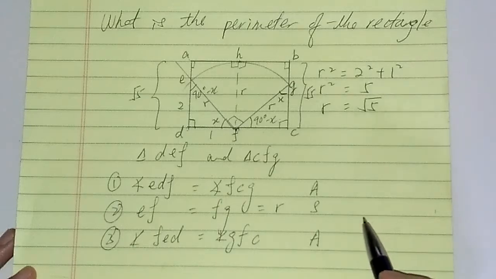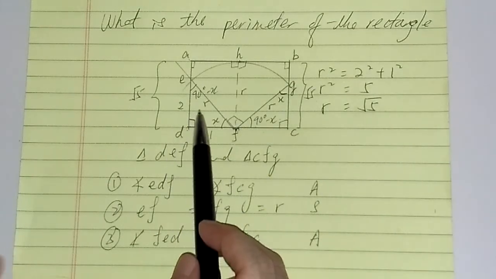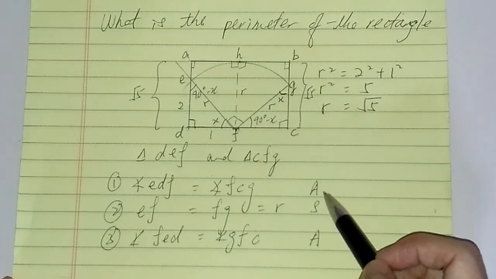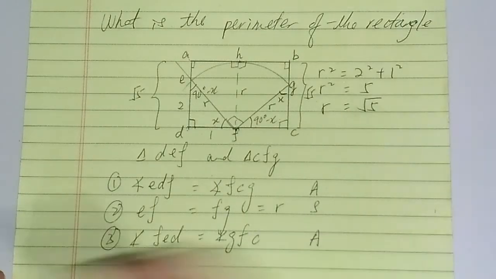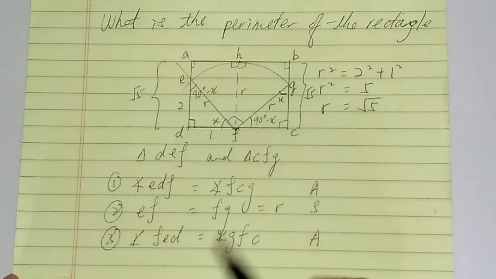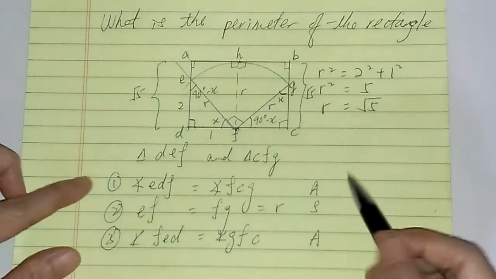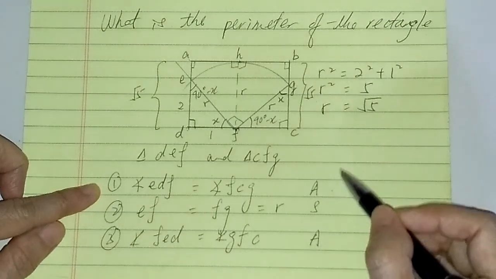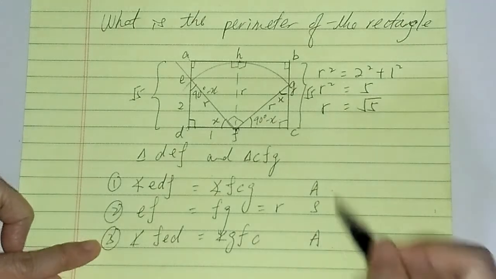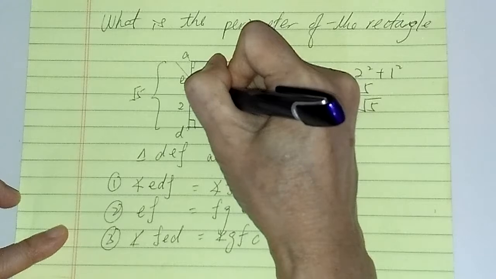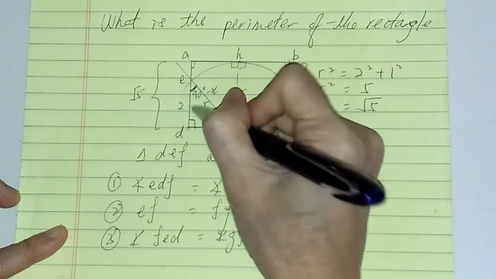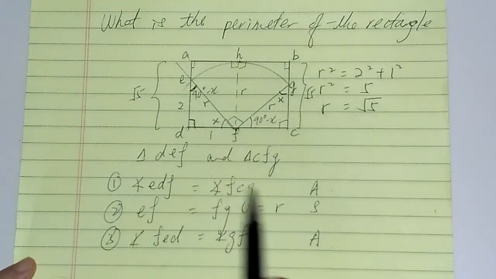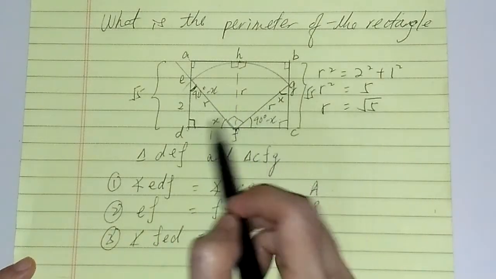Remember, for congruent triangles, if two angles and one side are the same, then the two triangles are congruent. So we can say that these two triangles are the same.